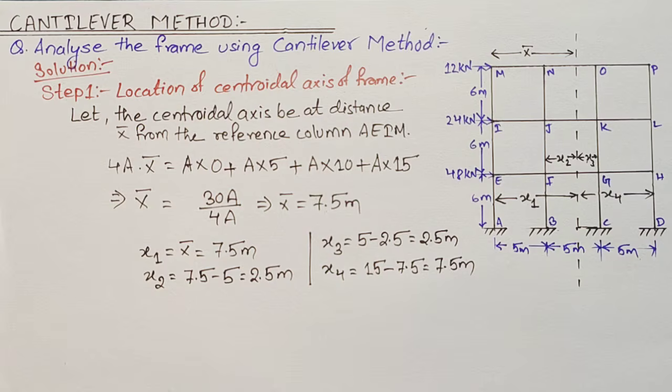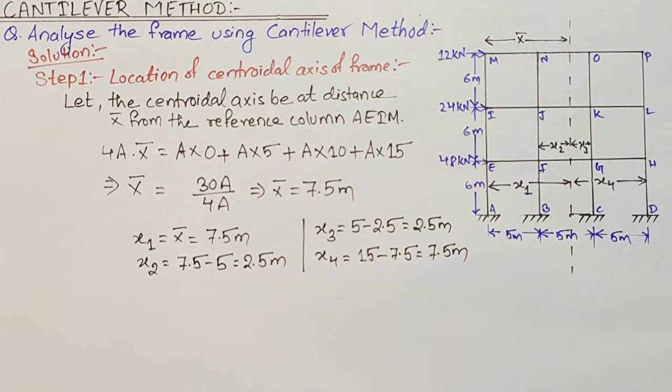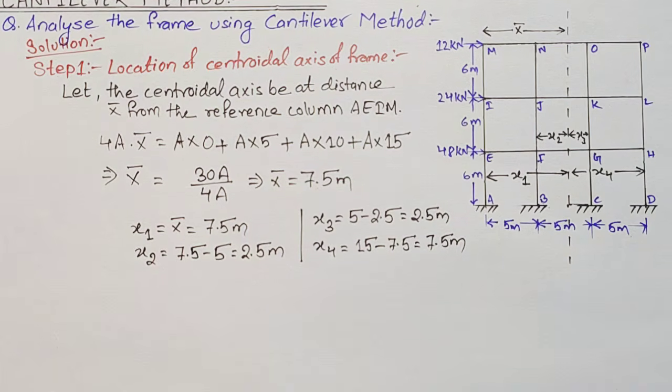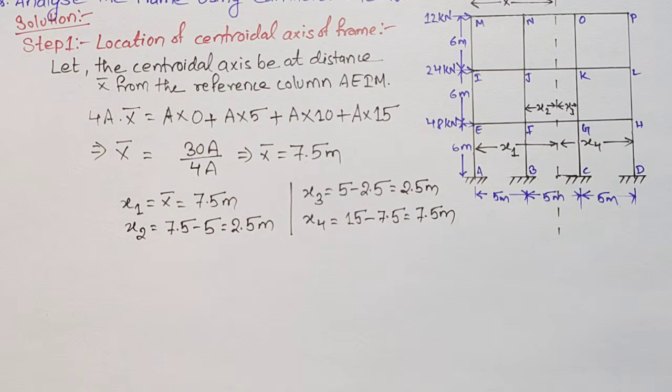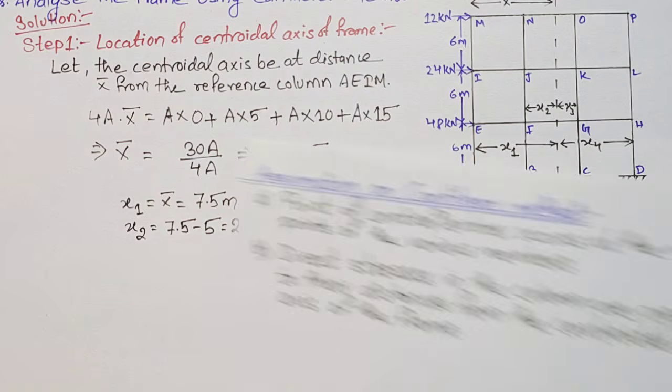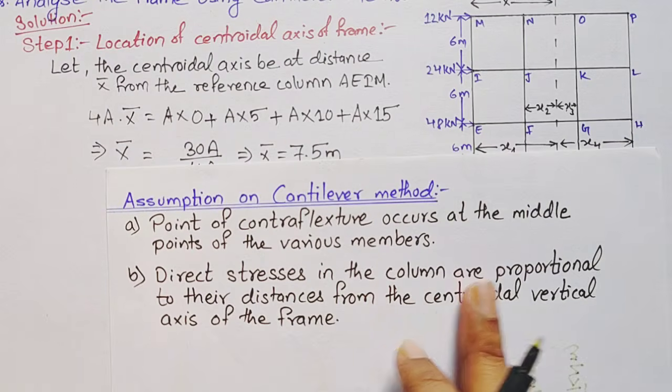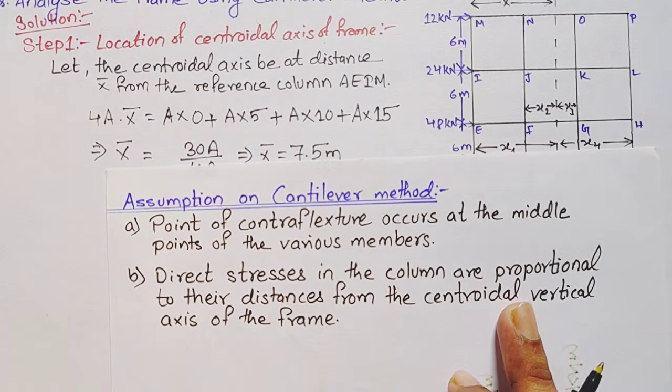Now here comes the application of our second assumption. See here, what is that? The second assumption is that the direct stresses in the columns are proportional to their distances from the centroidal vertical axis.